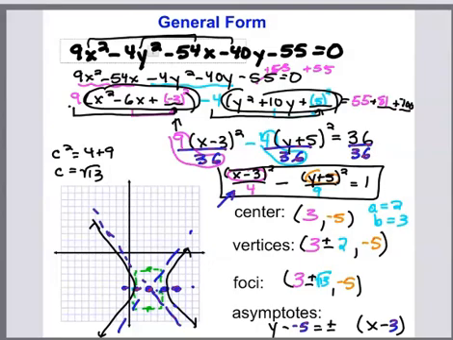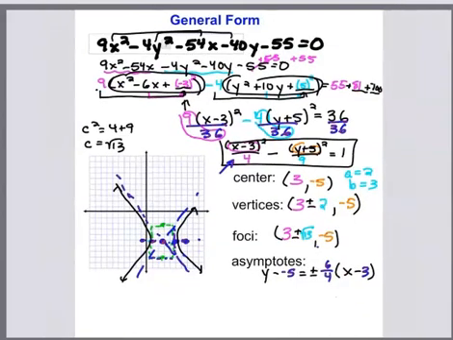Well, the rise is 6, and the run is 4. So 6 over 4. Now this simplifies, if we want to clean that up a little bit, to y plus 5 equals positive negative 3 over 2 times x minus 3.